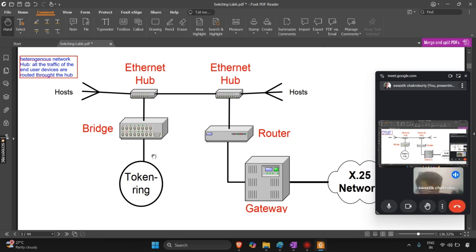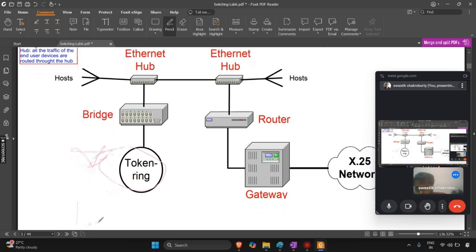Whereas a bridge, as we have discussed earlier, connects networks, and a router connects the network to the internet. If there is another LAN network here, the bridge might join this LAN network to that LAN network.